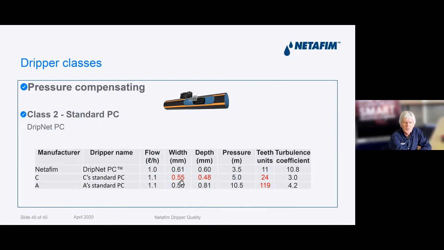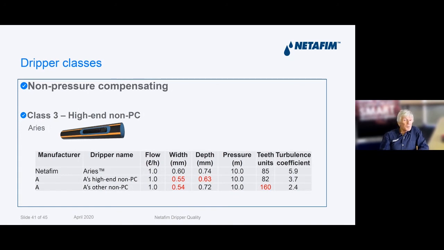Well, as I've highlighted in red, the dimensions are less and the number of teeth are greater. Okay, and then company A, and these are all real drippers in the market. 0.56 and 0.8. The 0.8 is actually greater than our depth, but then look at the number of teeth. Got 119 teeth, and that's what brings that turbulence coefficient down to 4.2.